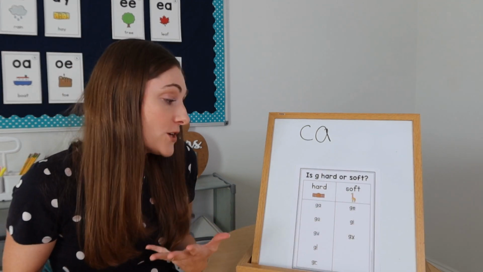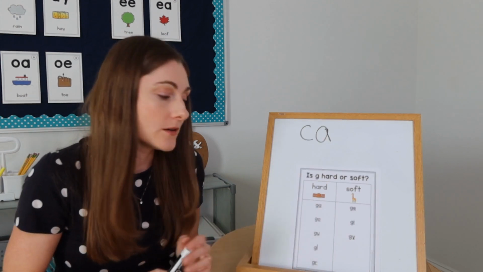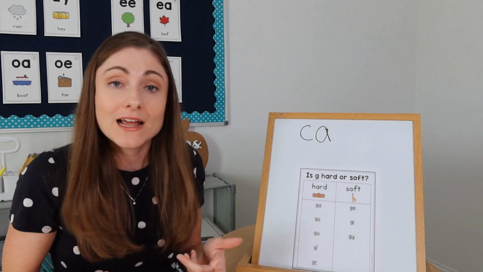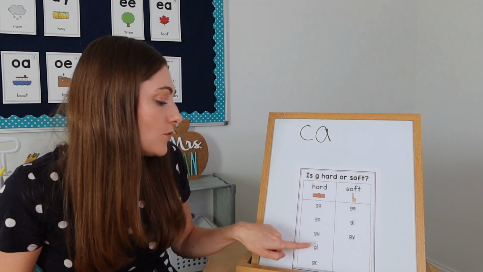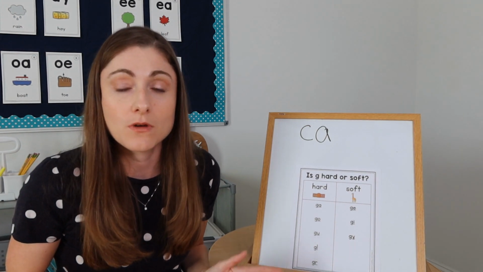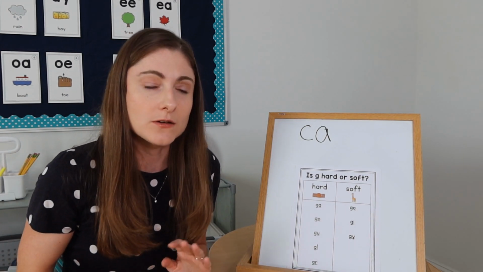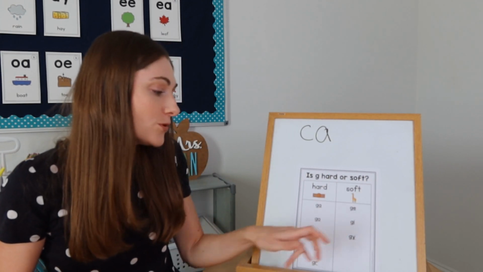CE, like in cereal. CI, like in circus, the first part. And then CY, like in cycle. Those are also soft. So when kids learn A, O, U, L, R right after makes it hard, that applies for both G and C.